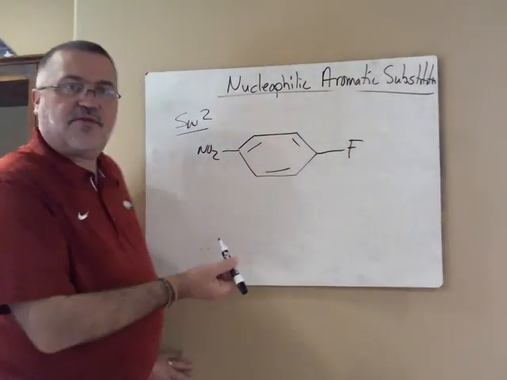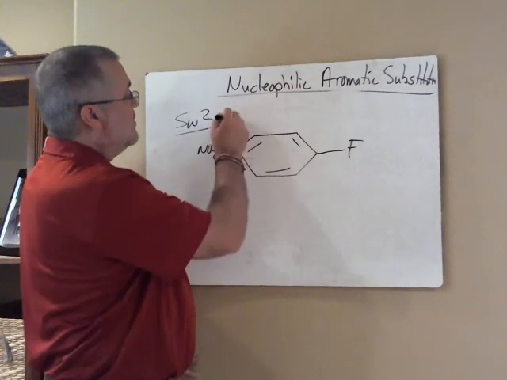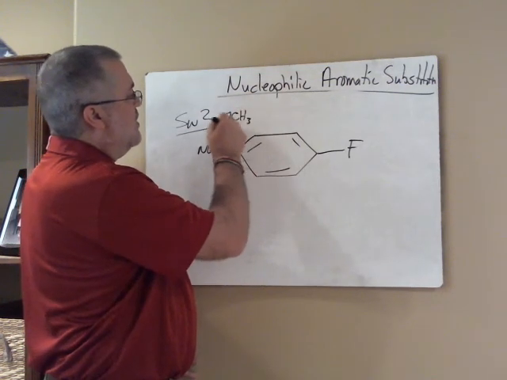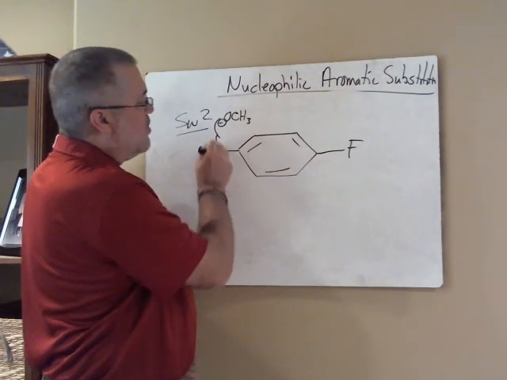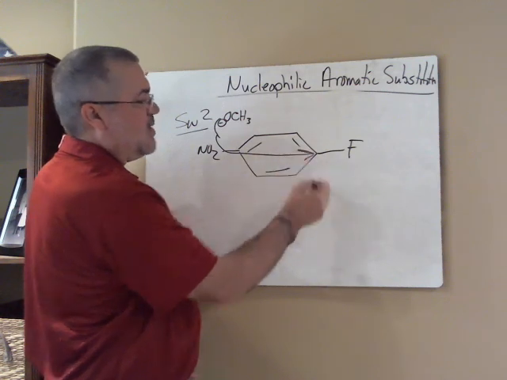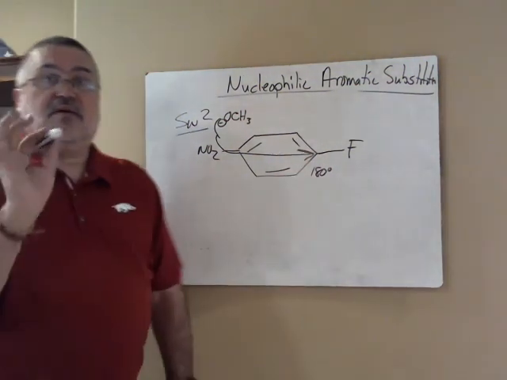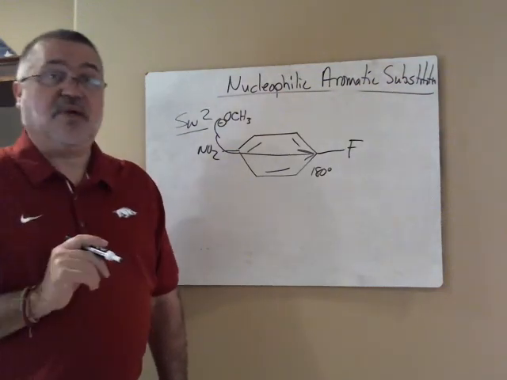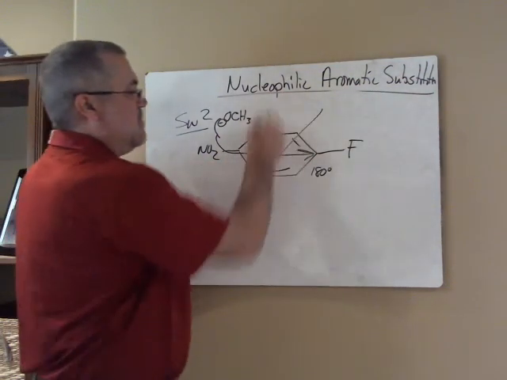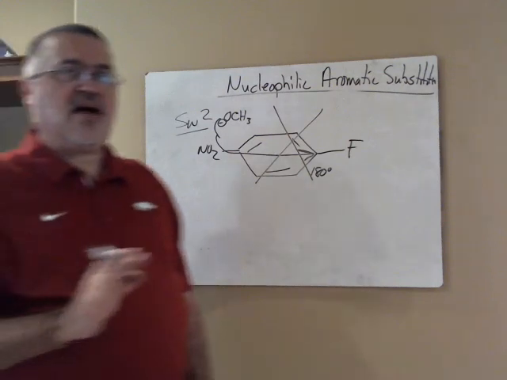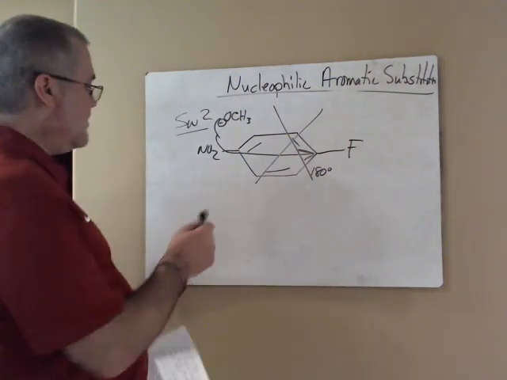In order for this to be an SN2-like mechanism, the nucleophile would have to come crashing through this ring, because remember, it has to be that 180-degree, in-line mechanism, and this can't happen. So this is not going to be an SN2-like mechanism.